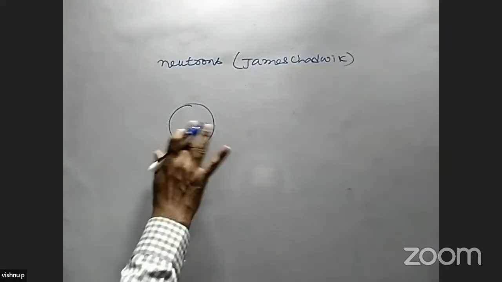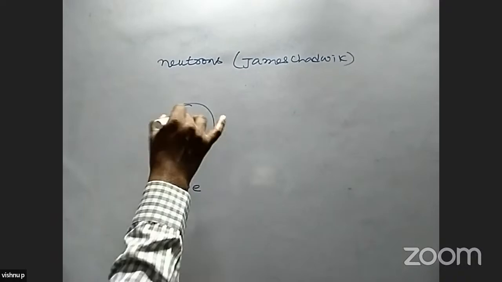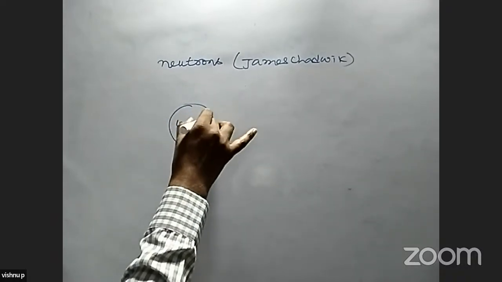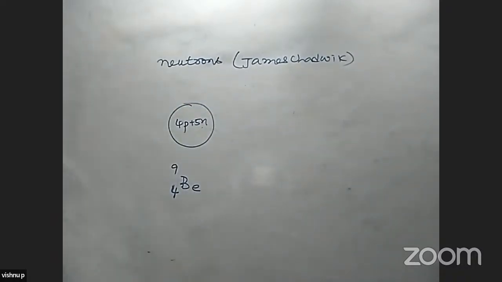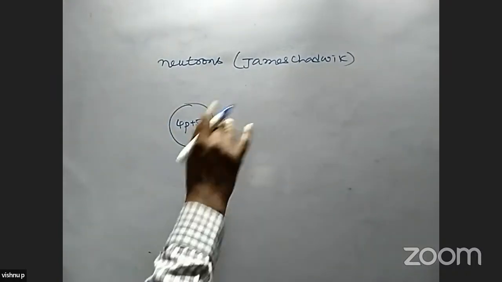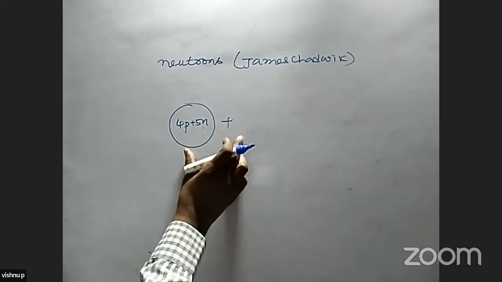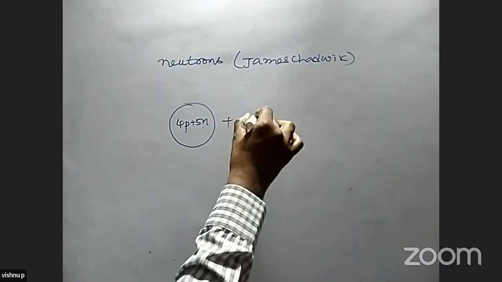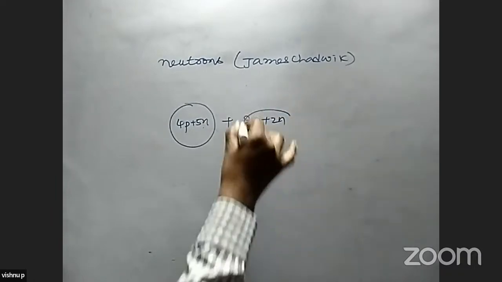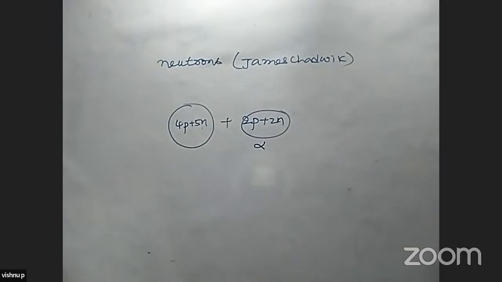So beryllium contains 4 protons plus 5 neutrons. Beryllium is bombarded with alpha radiation. What is alpha radiation? That is nothing but the nucleus of helium. So the nucleus of helium contains 2 protons and 2 neutrons, alpha radiations.